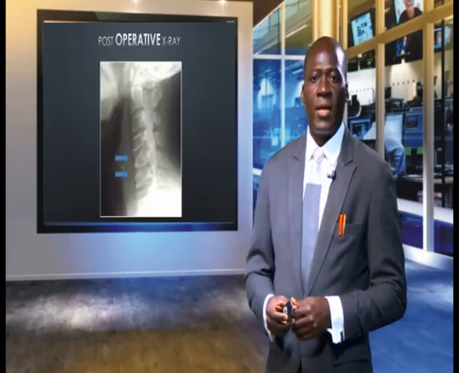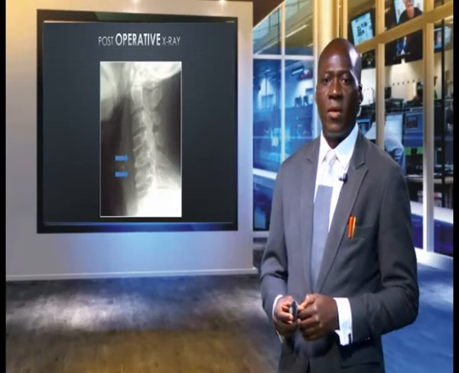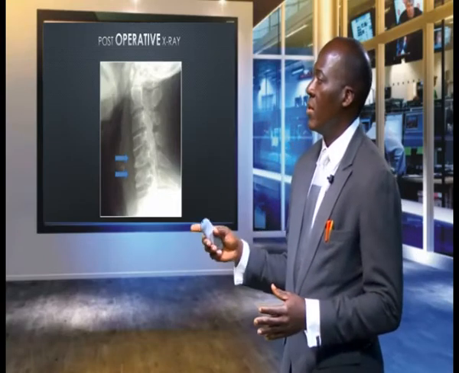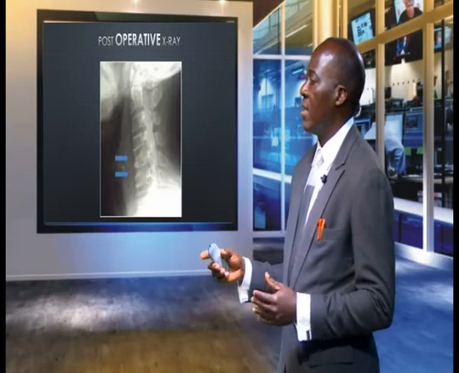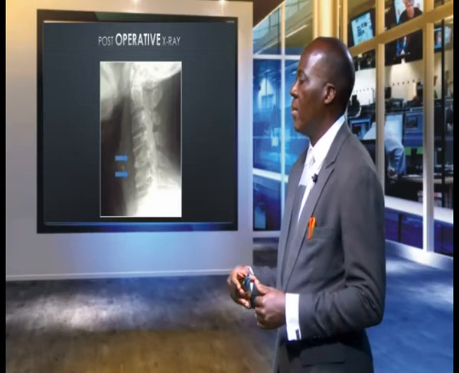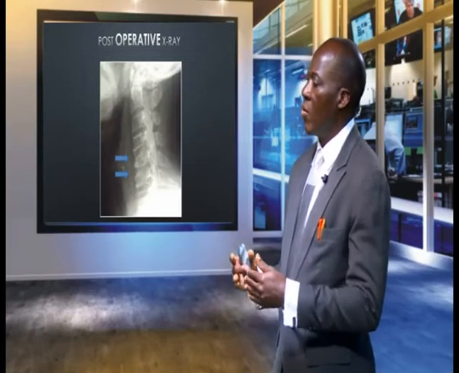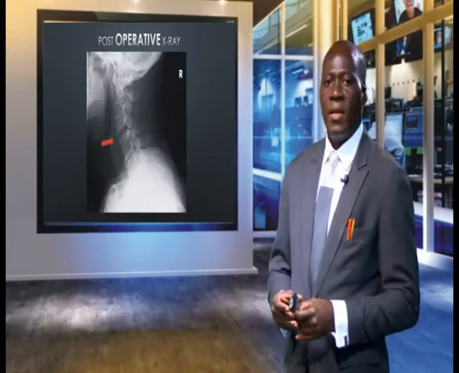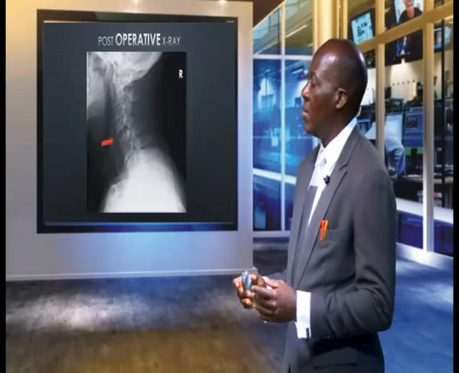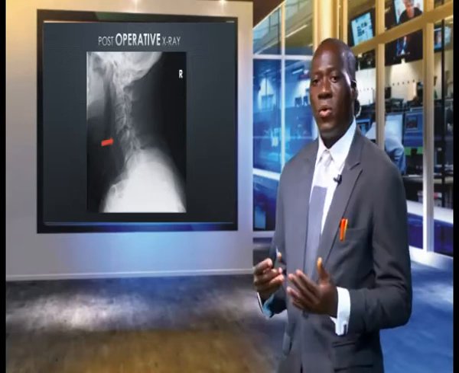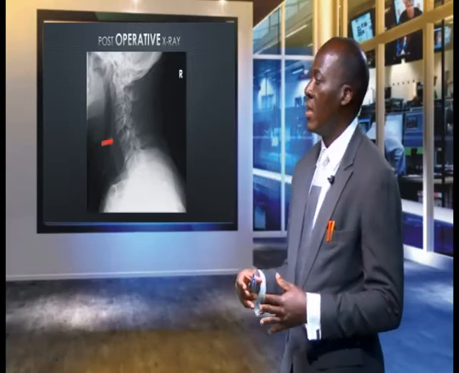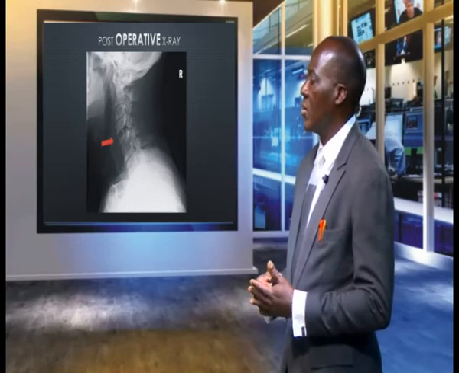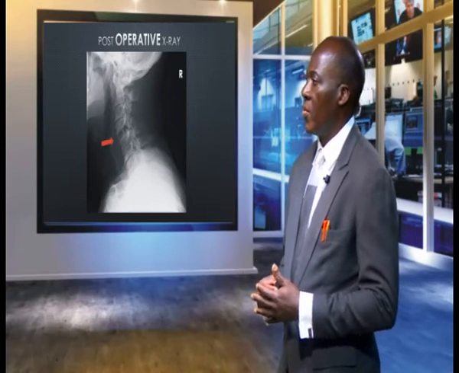Now, we're showing X-rays of the neck following the operation. In this case, we have done the operation at 2 levels in the neck and taken some bone from the hip to put in the area where we have now gone in from in front to remove the pressure off the spinal cord. In this second patient, we've done the same operation, but instead of taking bone from the hip, we've now taken an artificial material called a cage to put into the space where we've done the operation.